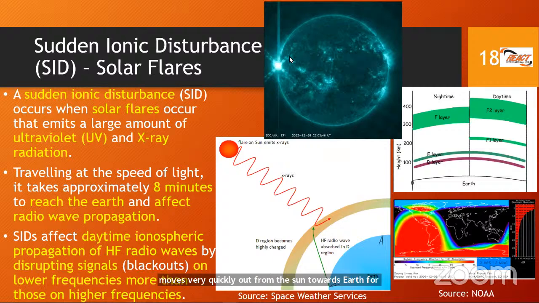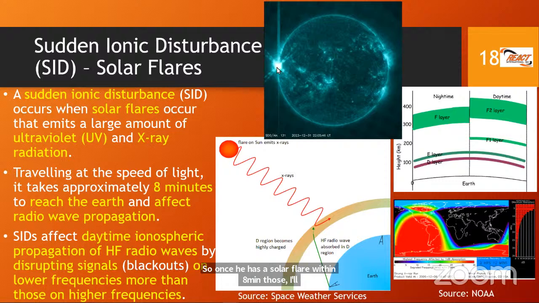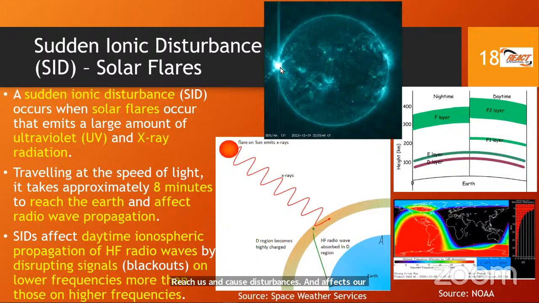So once there's a solar flare, within 8 minutes those ultraviolet and X-rays reach us and cause disturbances and affect our propagation, because those particles affect the ionosphere as well as the geomagnetic aspects of the earth, right?